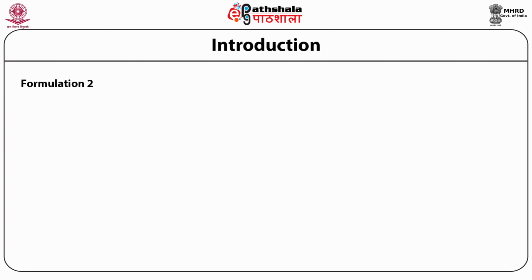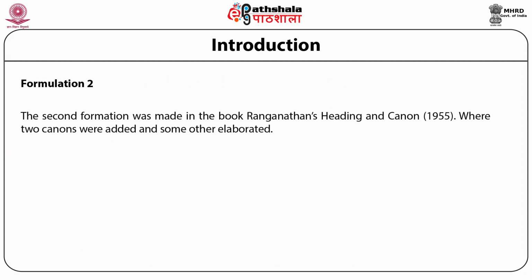Formulation second. The second formulation was made in Ranganathan's book named Headings and Canons, which was published in 1955, where two more canons were added and some other canons were elaborated.